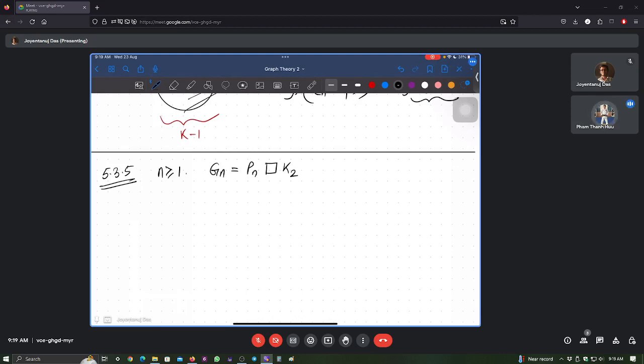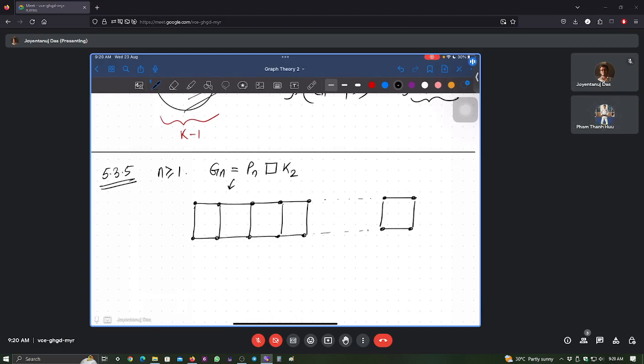How does it look first of all? Suppose I have a path like this and another path, and I join like this. So this is the ladder type of thing. This is my graph, Pn Cartesian product K2.